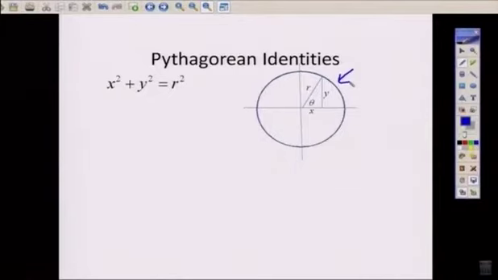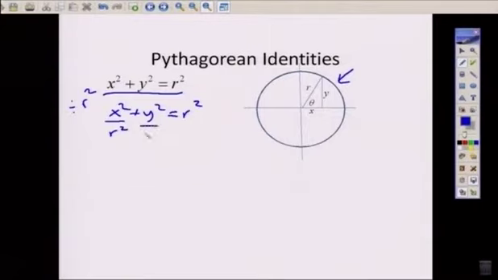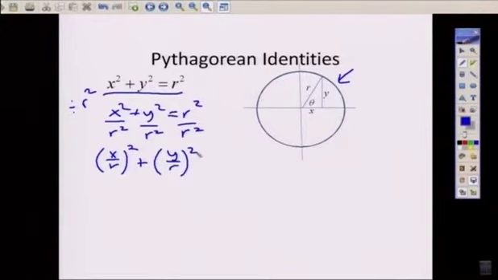So I'm going to start with this equation, and I'm going to take each term and divide by r squared. So divide this one by r squared, divide by r squared, and divide by r squared. If I do that, I get (x over r) squared plus (y over r) squared is equal to 1.